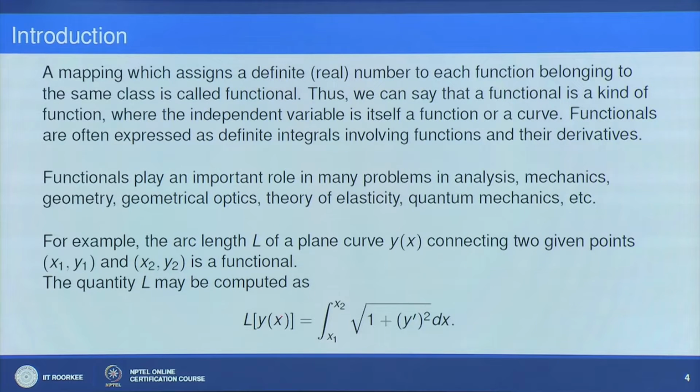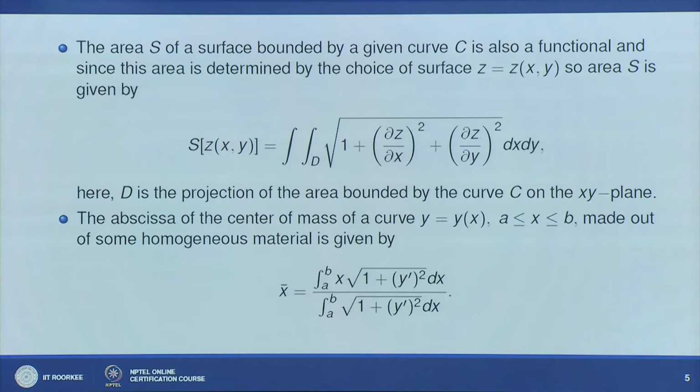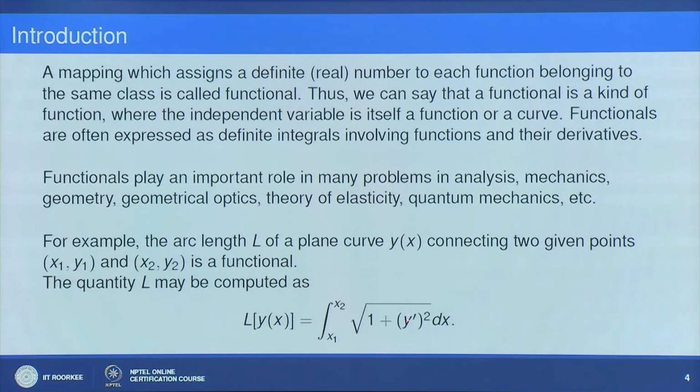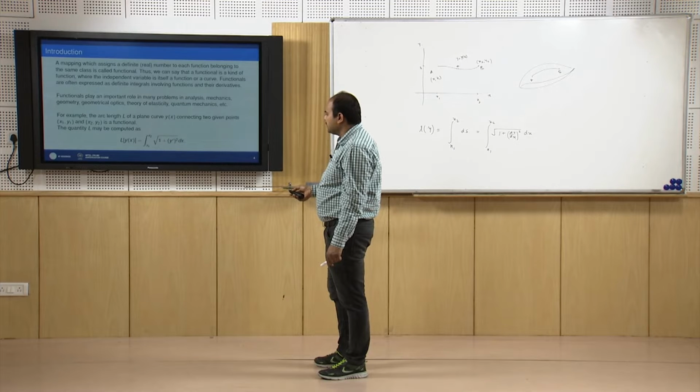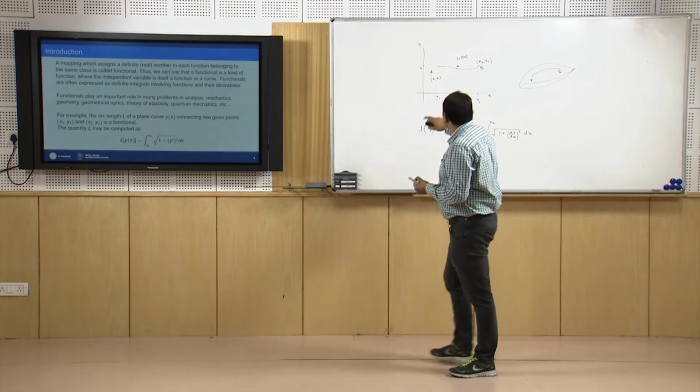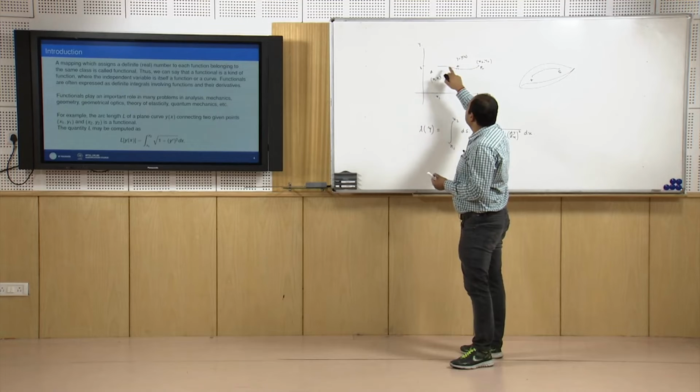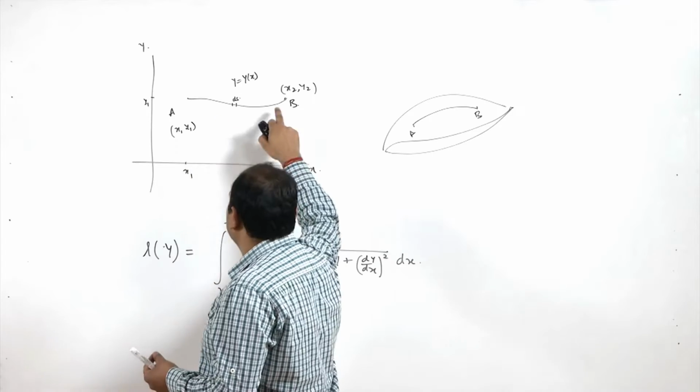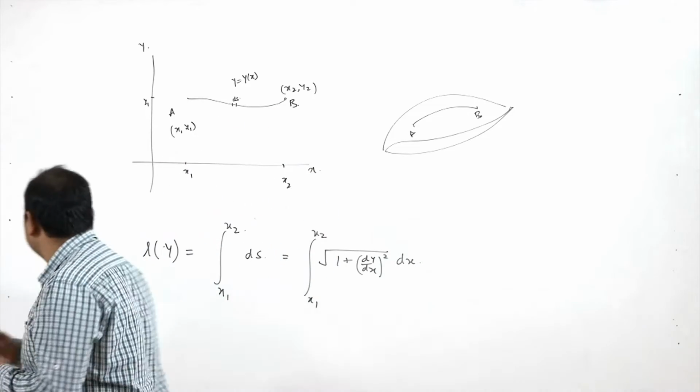So this L of y is given by the integral from x1 to x2 of the square root of 1 plus y dash square d of x. If you use one function, you will have one value of this integral. If you use another function y of x, then we have another value corresponding to that function. That is, given one curve there is a different length, and if you use another curve, then we have a different length.